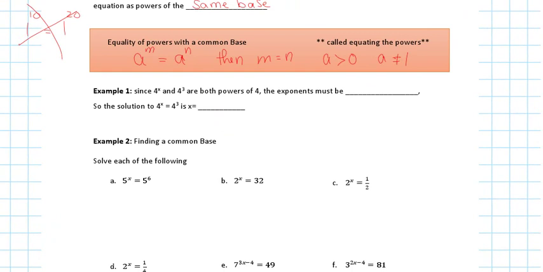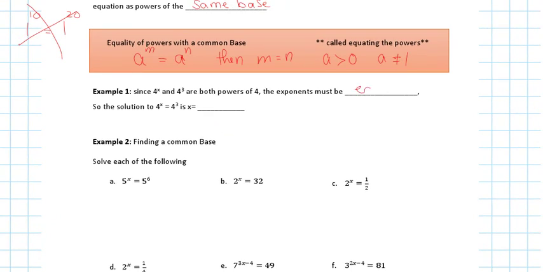Since 4 to the power of x and 4 to the power of 3 are both powers of 4, the exponents must be equal. So the solution is x equals 3.